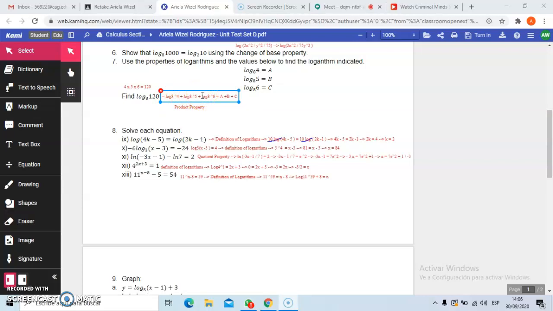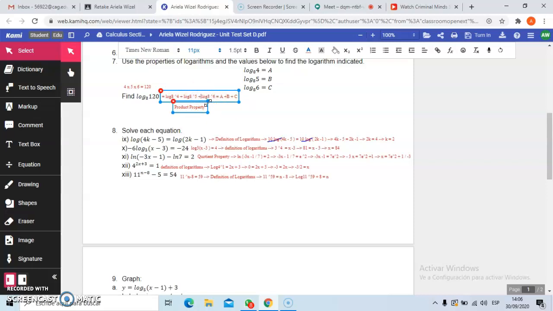I use the product property because it is multiplication, sorry, no, wait, it is addition, and we know what all of these logarithmic functions stand for, which is a, b, and c, so my final answer would be a plus b plus c.